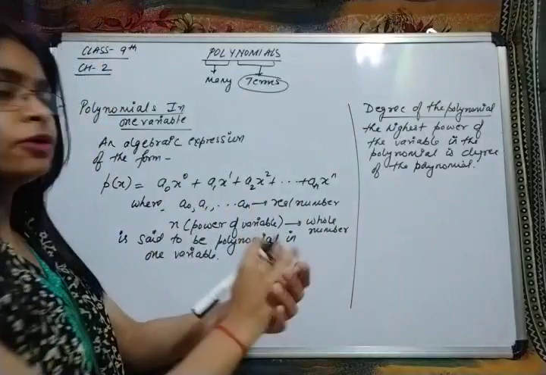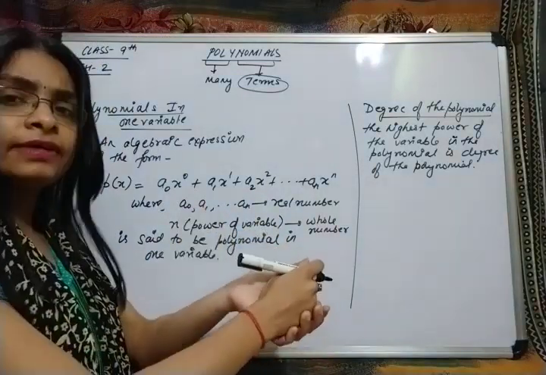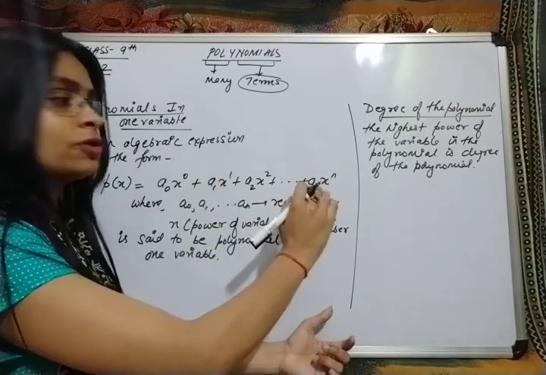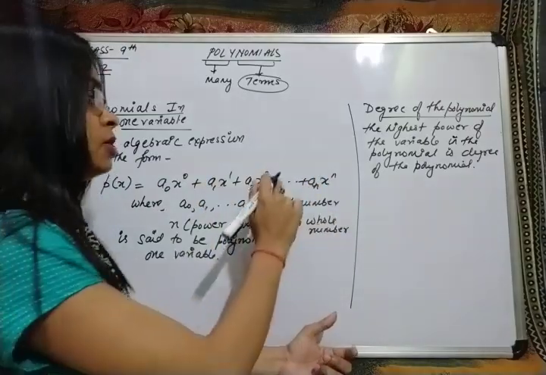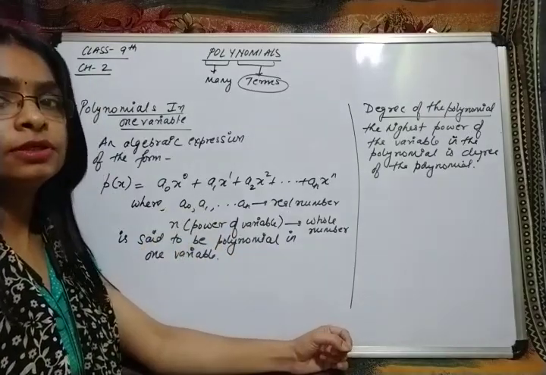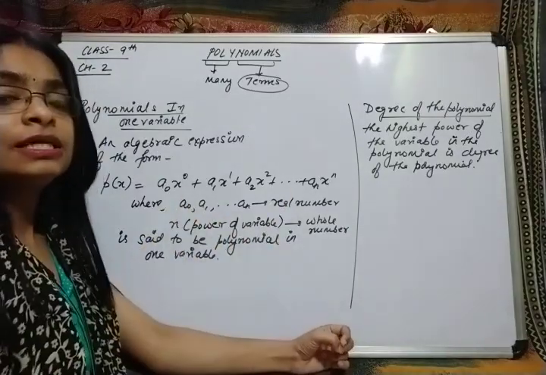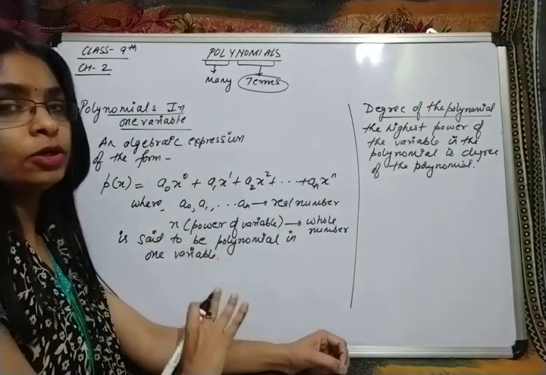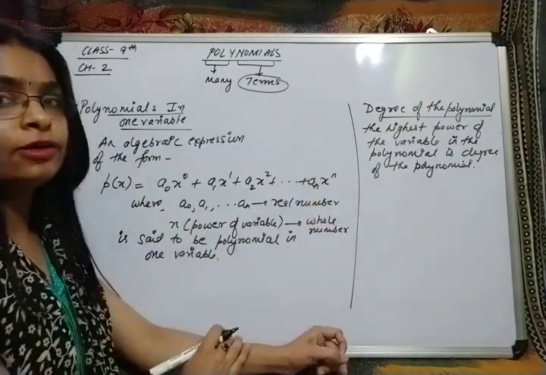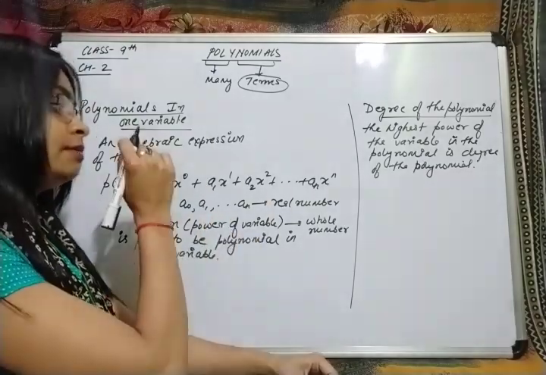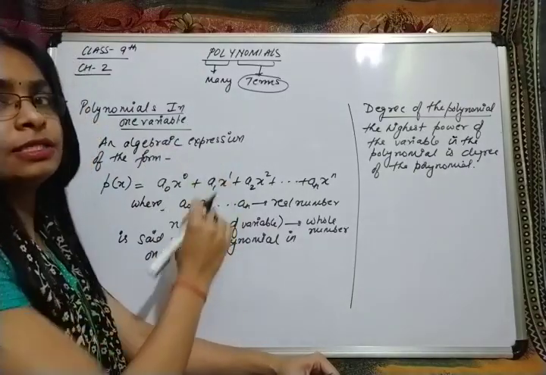So what is the degree of this expression? If I see 0, 1, 2, it is in increasing order, so n is the highest power. So n is the degree of the polynomial, and this is the general form of the polynomial. How many terms are there in this general form?